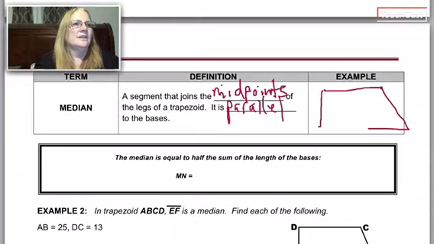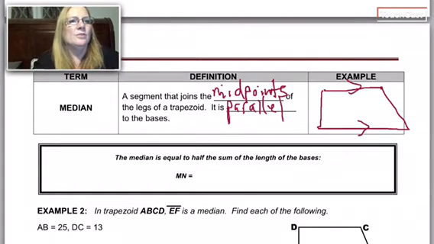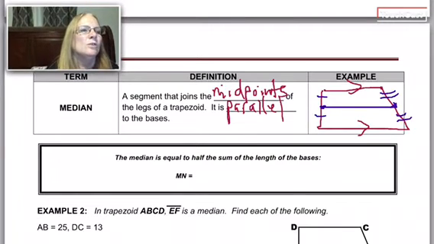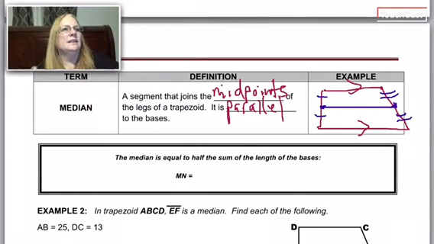Pretend those are parallel. If we find the midpoint here, that means that this is congruent to this. And if we find the midpoint over here, so that's congruent to that, then this segment is called a median, and it is parallel to both bases.